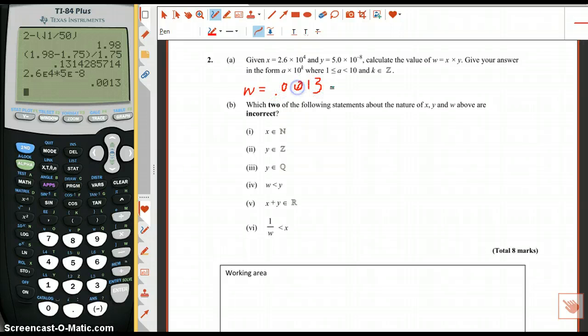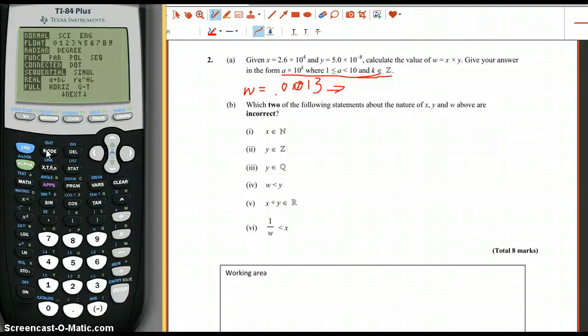0.0013. But they tell us to put it in this form, a times 10 to the k, where a is between 1 and 10, and k is an element of the integers. At least you guys recognize that that meant scientific notation, but a lot of you guys got this wrong. You know the calculator does this for you. Well, if you would have done all the problems, you would have known that.